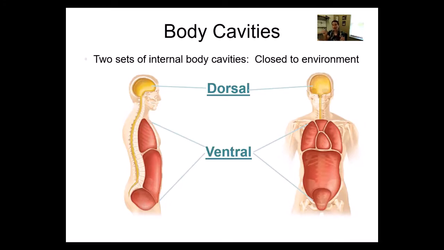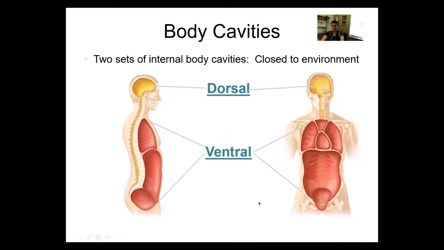Within these cavities, we can maintain things like ion concentrations, we can maintain different types of conditions, temperature, etc., within the cavities themselves. We can break the body, or there are two main body cavities, the dorsal, which is on the back, and essentially that encases the entire central nervous system, brain, spinal cord, and the ventral body cavities.